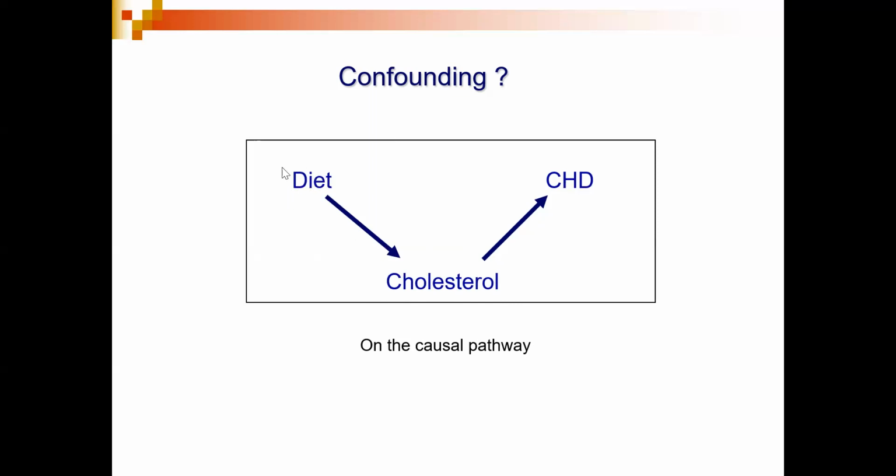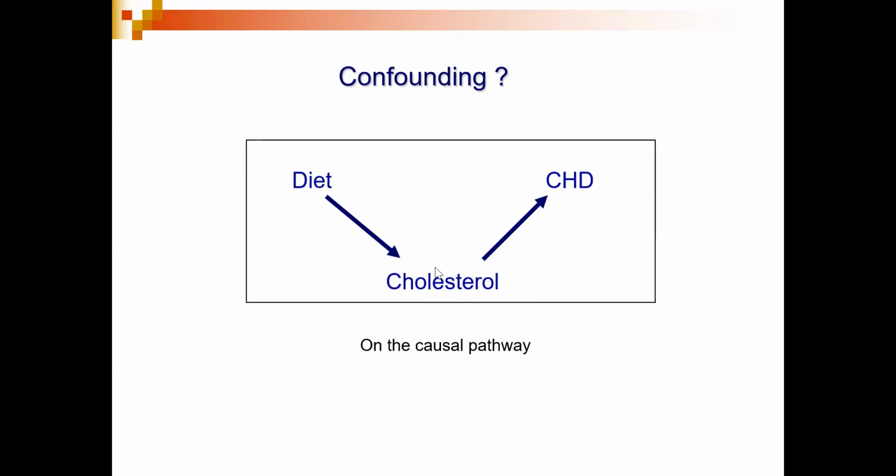If you control your diet, you are going either to reduce or increase your cholesterol, and your cholesterol is going to increase the risk of developing congenital heart disease. So in this way, cholesterol is not a confounder. Why? Because it is in the causal pathway, and the diet leads to changes in cholesterol.